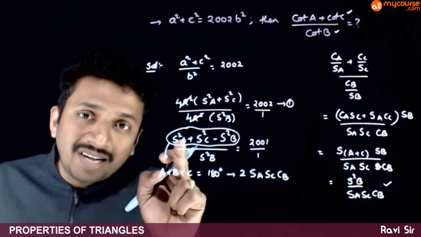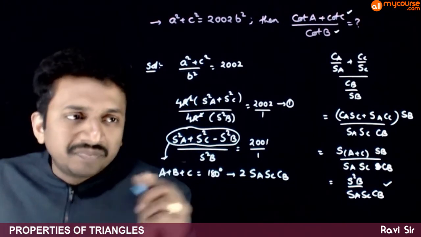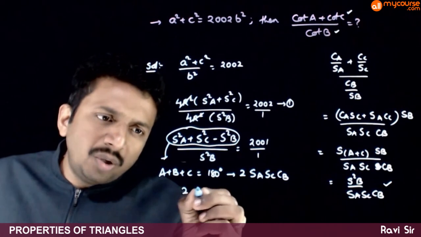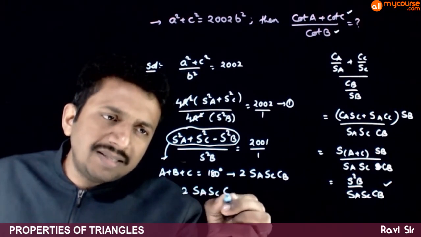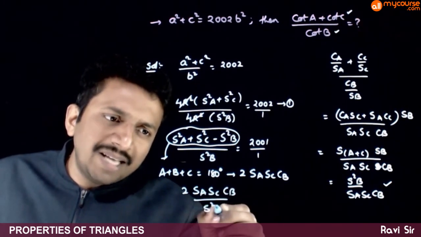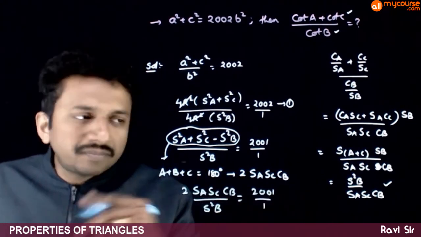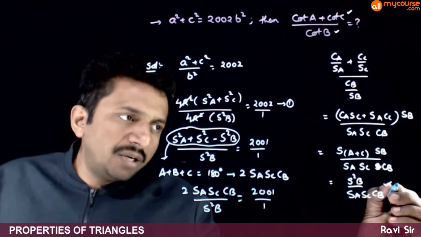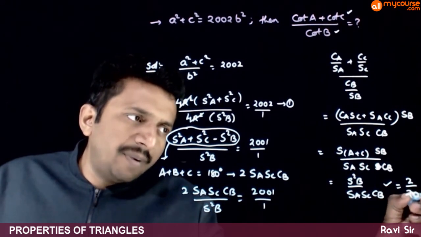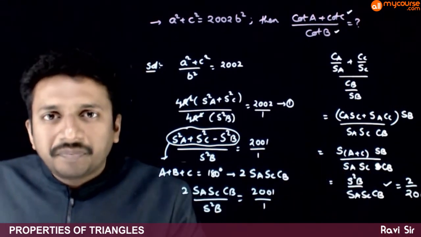This comes under type 2 of conditional identities. So if you substitute this, you get 2 sine A sine C cos B by sine square B is equal to 2001 by 1. Hence this will be equal to 2 divided by 2001. Thank you.